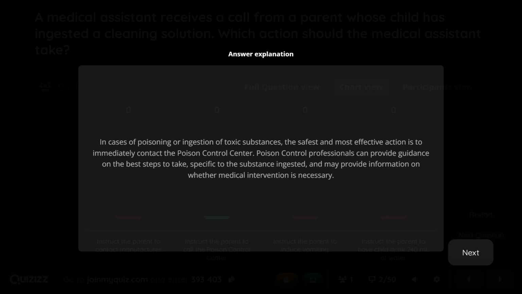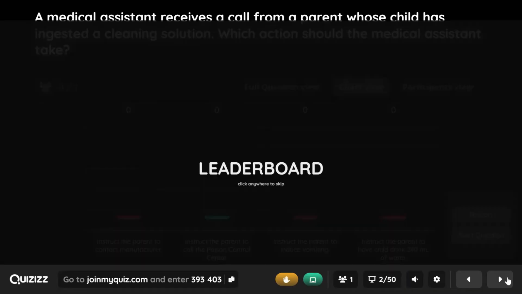If you guys remember back in option C, it said instruct the parent to induce vomiting. We would not advise this, because depending upon the type of chemical that was ingested, it could actually do more harm than good. All right, guys, let's get to the next one.